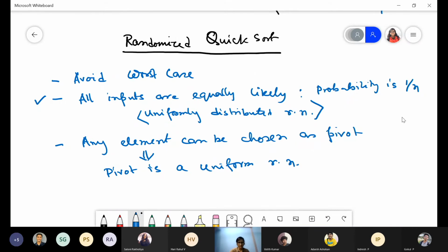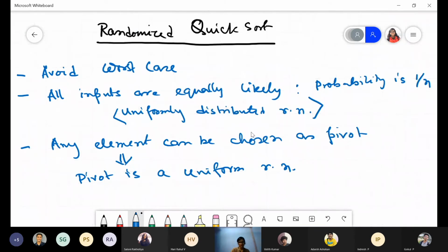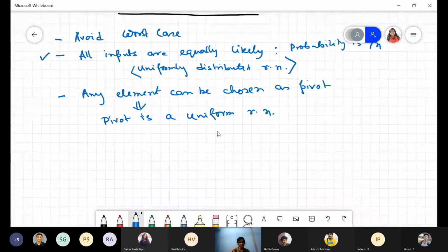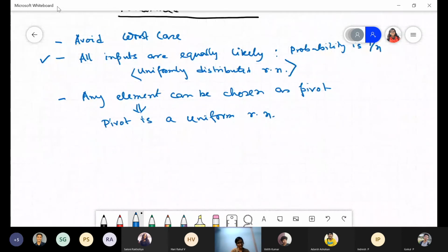So given these two considerations, all possible partitioning are considered.